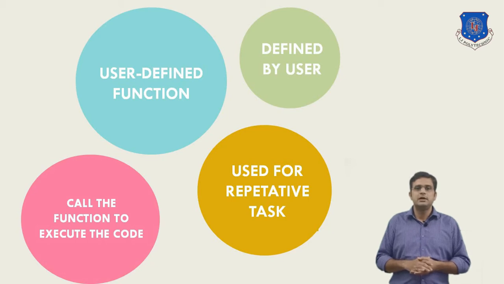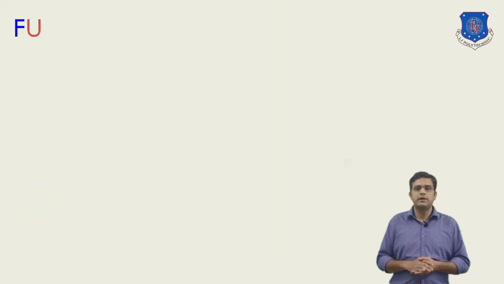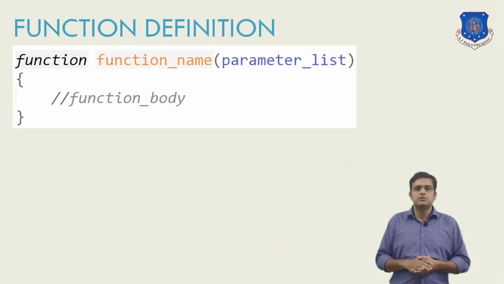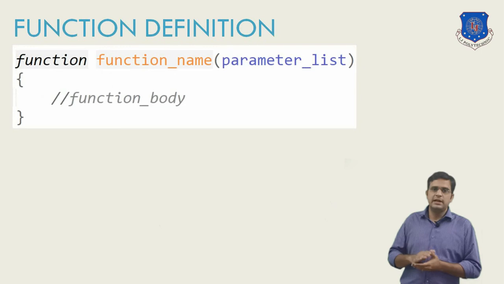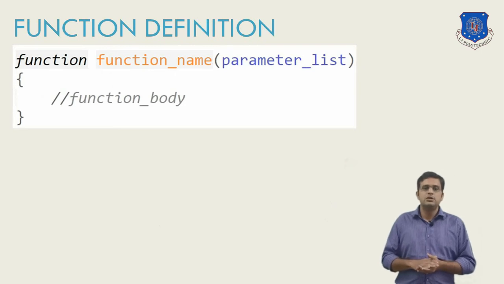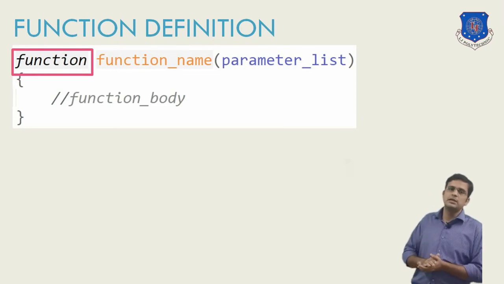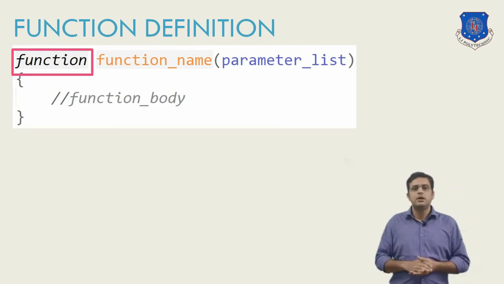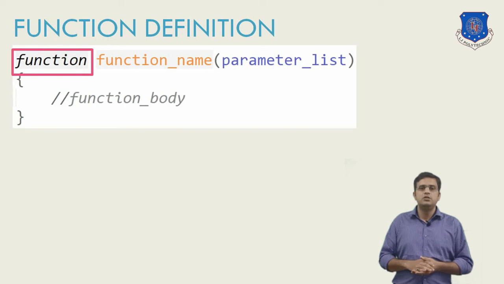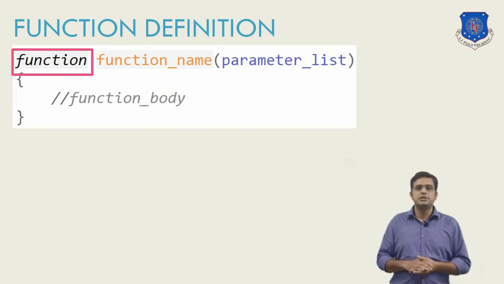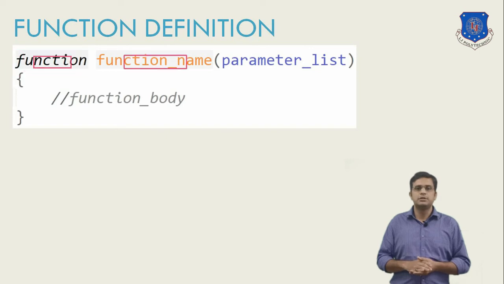Let us see how such a function can be defined. So, this is the syntax to define a user-defined function in PHP. To define a function, the function keyword is used, as you can see here. After that, you put a space and then mention the name of the function.